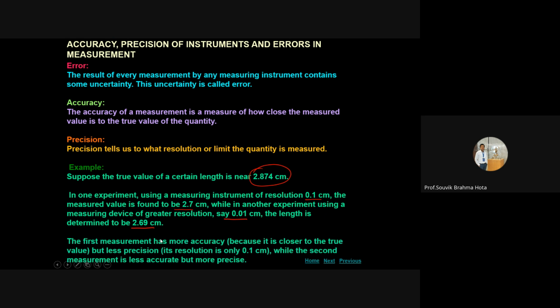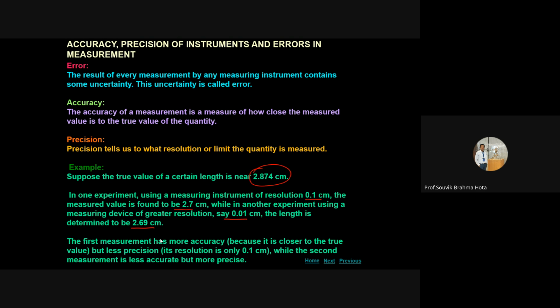Then the first measurement has more accuracy because it is close to the true value: 2.7 is close to 2.874. But it is less precise because the resolution is 0.1 centimeter.